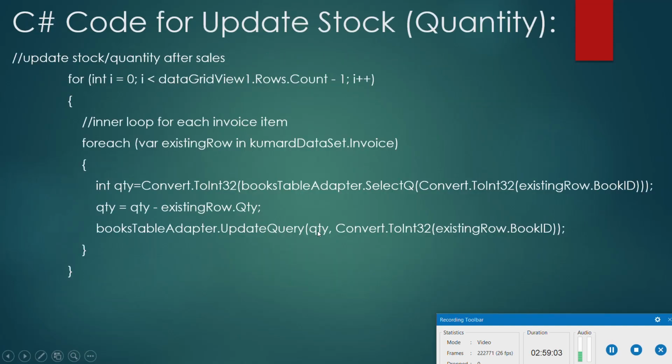One is simply the quantity to update the quantity, and the second obviously is to tell which one, where the book id is existing row dot book id. So if you had selected three books in your invoice table, those three book IDs will be updated, and then the quantity or the stock level of those three books will be subtracted from the real quantity of your database.